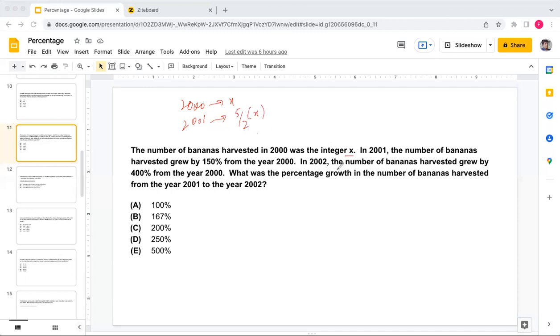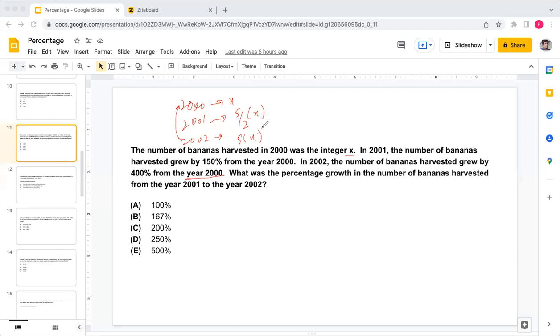And the last thing is in 2002, the number of bananas harvested grew by 400% from the year 2000. Just keep in mind, for 2002 we are taking reference 2000, not 2001. It grew by 400%, so this value is not 6x, but 5x, sorry, 5x.